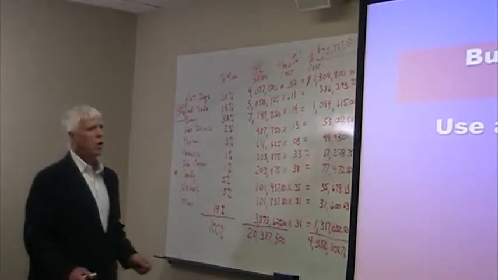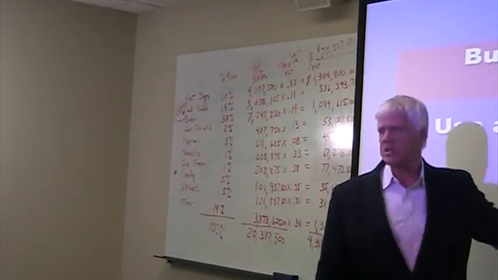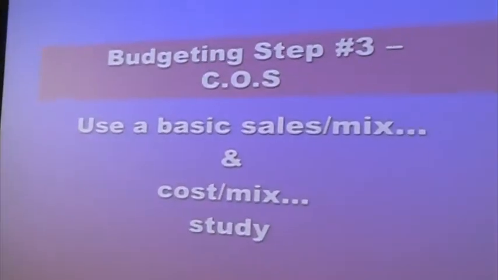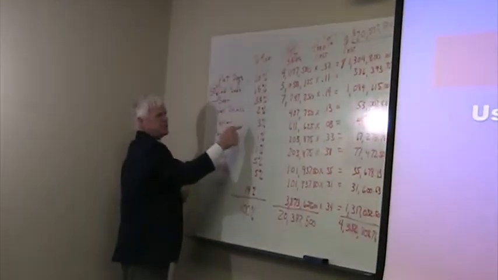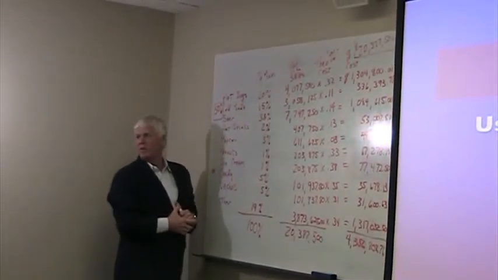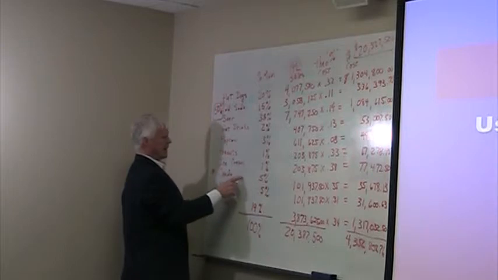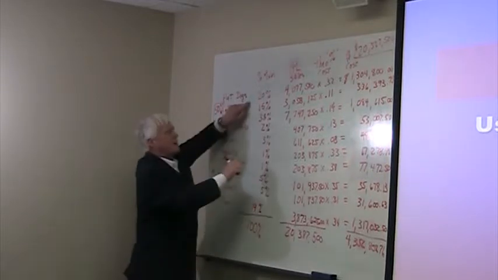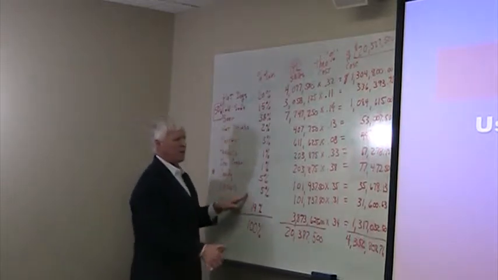The reason you don't is because there's a basic sales mix and cost mix. This right here is sales mix. This tells us the volume of business we're doing in each category of sales. So hot dogs is certainly higher than, say, candy or nachos. And hot dogs at 32% is going to carry a stronger weight than something down here at 0.5%.